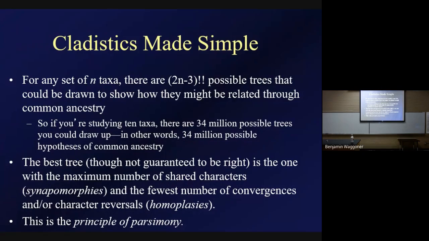Okay, so if you try to draw up a tree of life for n species, the total number of trees that you could draw is (2n minus 3) double factorial. What the hell is double factorial?